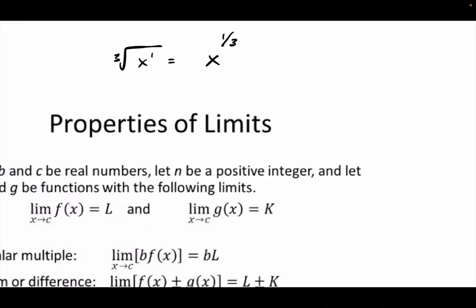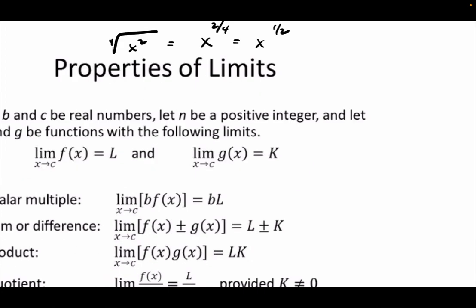So if it was x squared to the fourth power, it would be x^(2/4), which would then go to 1/2, right? That's how fraction powers work. The top is the power, the bottom is the root. That's how we're going to do this one, okay?